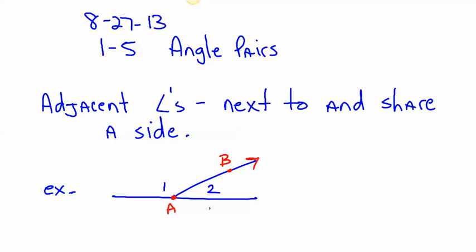Very good. Are angles 1 and 2 in this diagram adjacent? Yes. Why? Because they're next to each other and because they share a side. Okay? Next to each other and share a side.